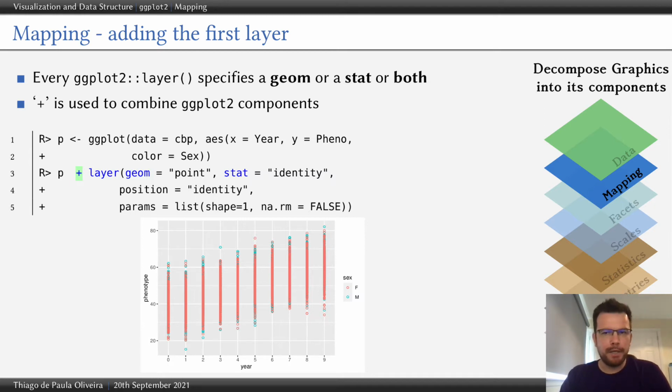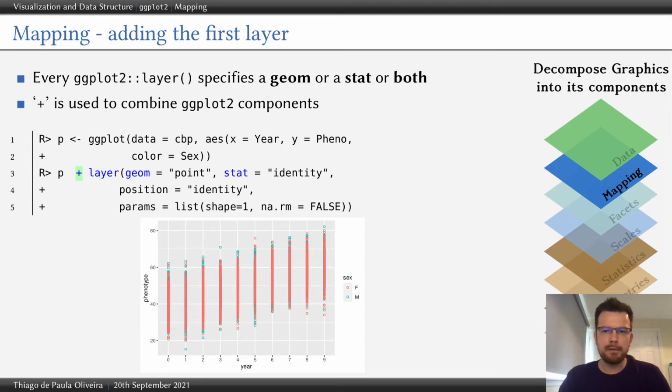For geom_point, we generally use the identity because we need these points exactly where they should be. But we can change the position when working with different plots like histograms. Moreover, all additional parameters in a layer can be passed through the argument params here.